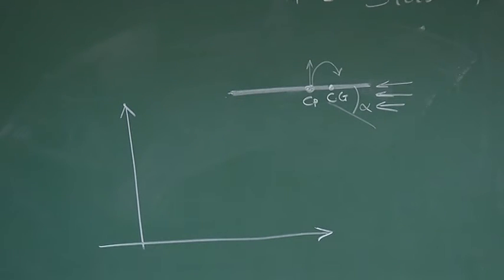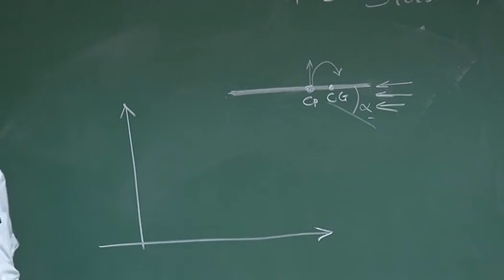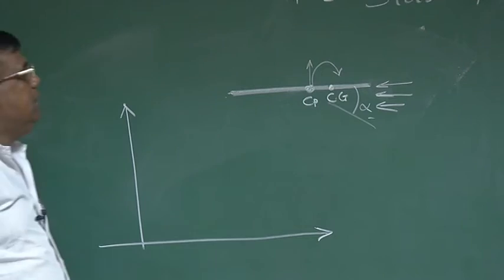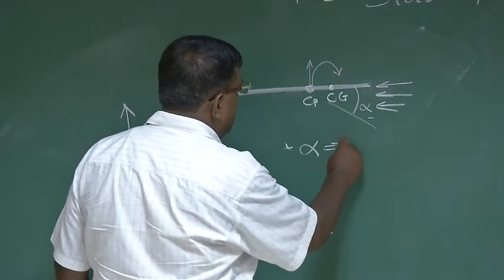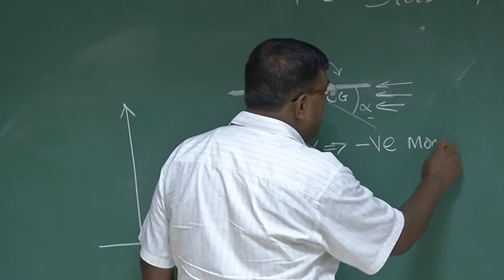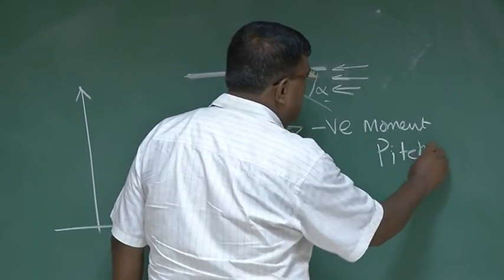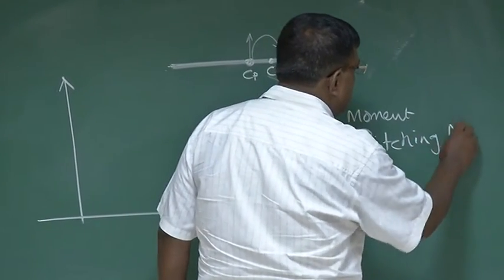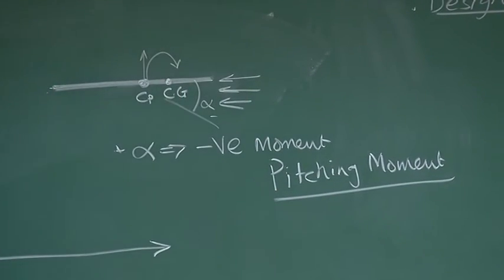So what is happening? For positive angle of attack, if this plate has to be statically stable by itself, then it should generate a negative moment. Which moment? Negative pitching moment. What is the pitching moment I am talking about?